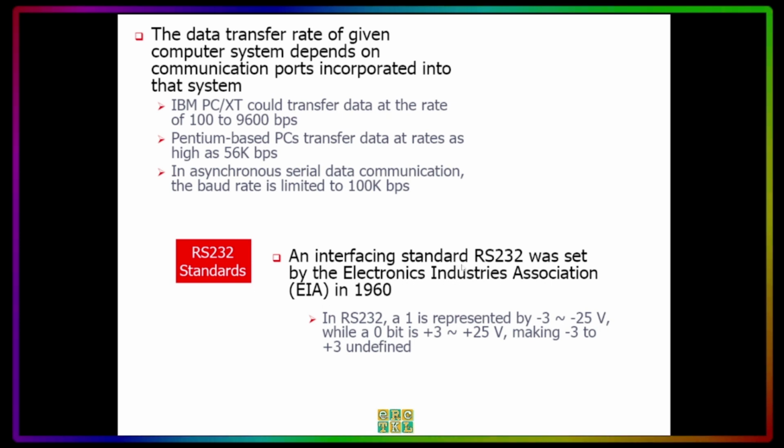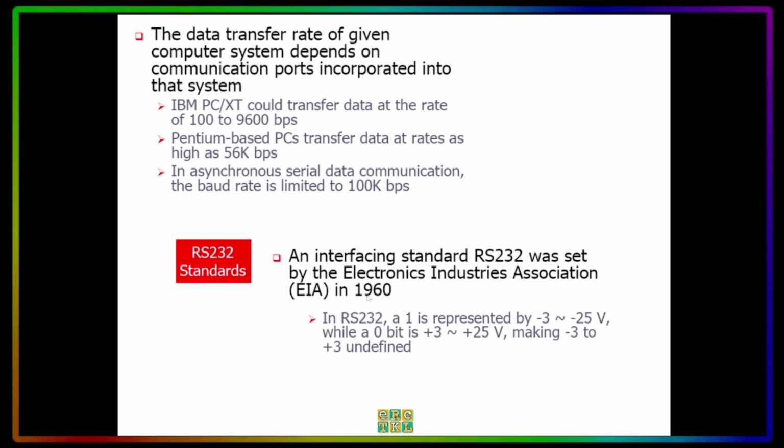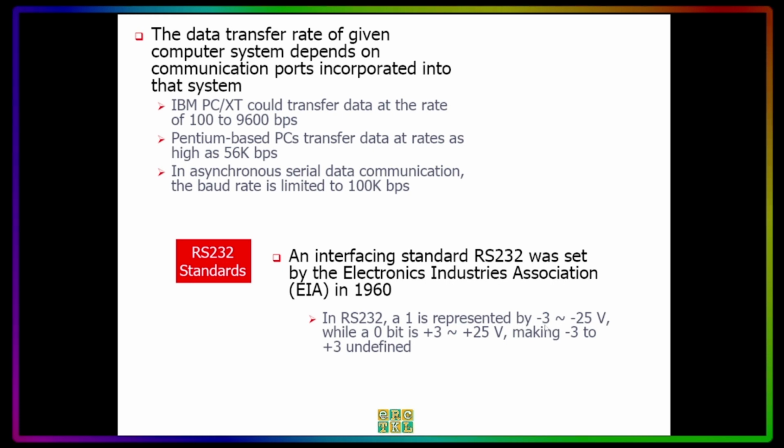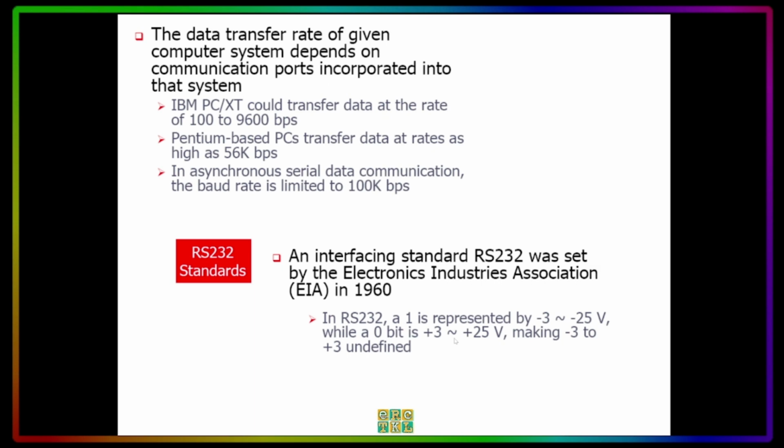This standard was set by the EIA in 1960. EIA stands for Electronics Industries Association. So in RS232, a 1 is represented by -3 up to a maximum of -25 volts, while a 0 bit is +3 up to approximately +25 volts.